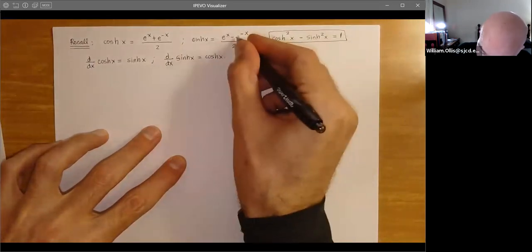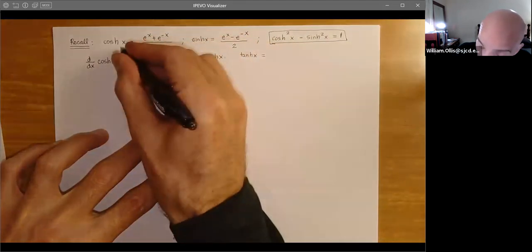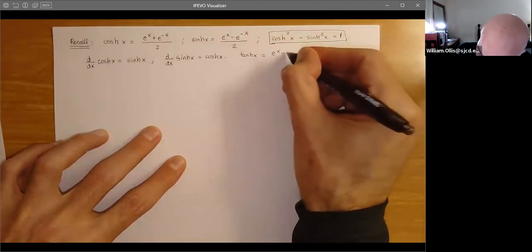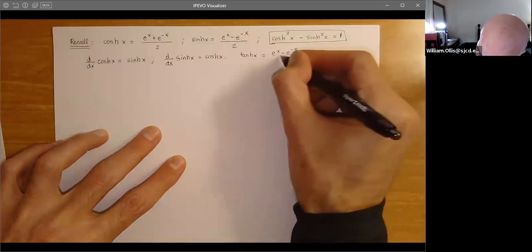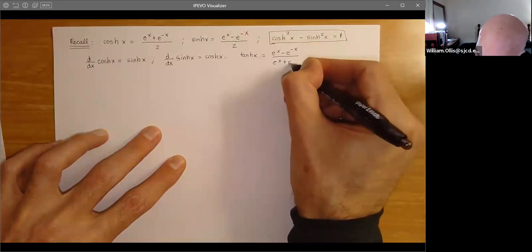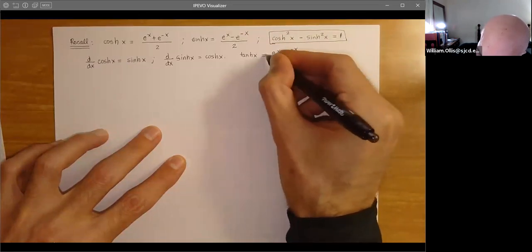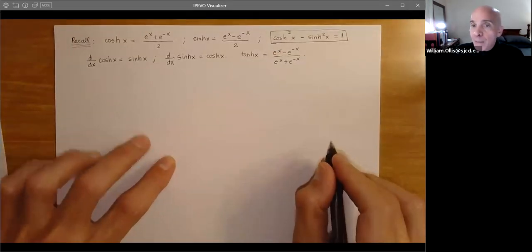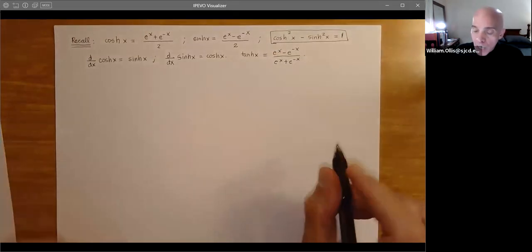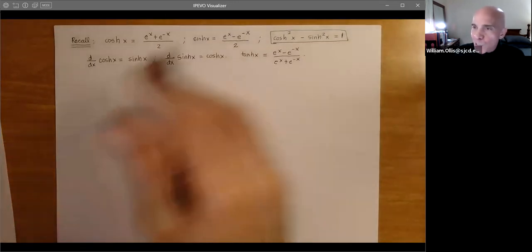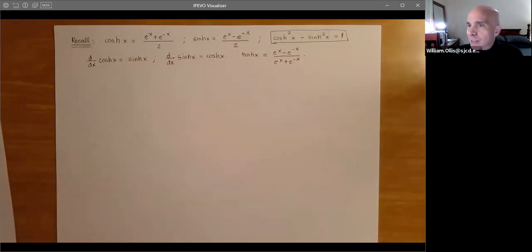The 2's go away, and you get e to the x minus e to the negative x divided by e to the x plus e to the negative x. So you get some really simple formulas that can be manipulated with the calculus, because you know the calculus of the natural exponential.